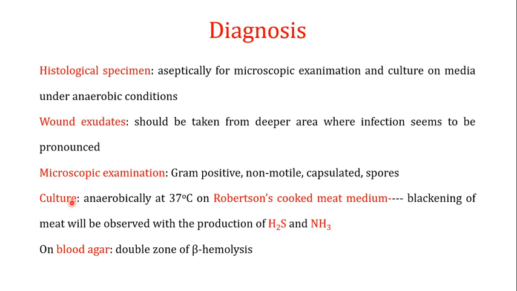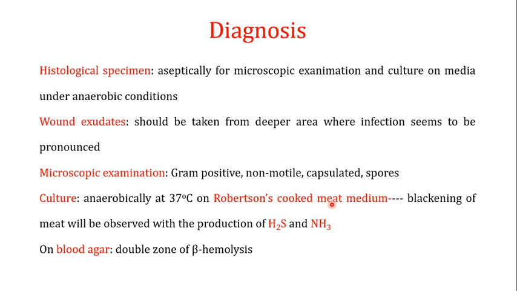When you talk about the cultures, the important culture media that is utilized for the growth of Clostridium perfringens is known as the Robertson cooked meat medium. And if the sample is positive, and by that I mean if Clostridium perfringens is there in the sample, and you grow them on this particular media, there will be blackening of the meat present in this media.